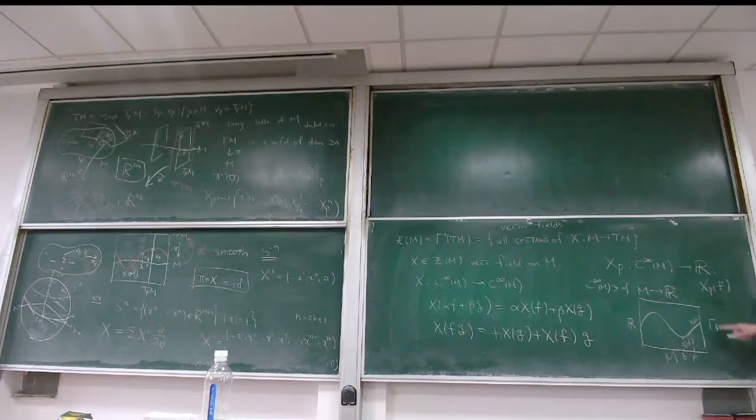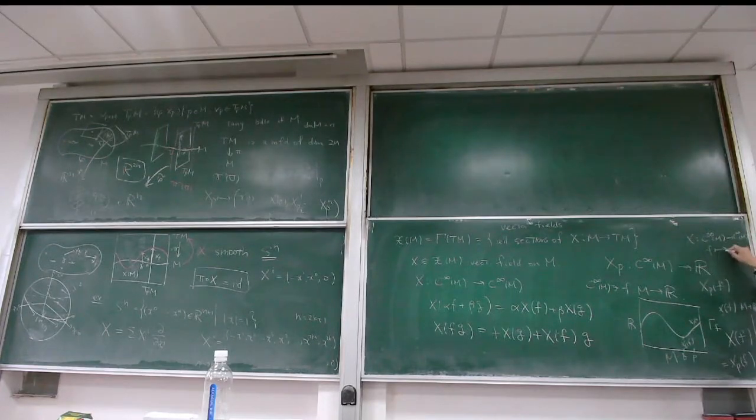This defines a graph. So the whole thing is X of f. Once you set the point P, this is equal to X_p of f. Therefore, X of f is a function from M to R that defines this graph. Do you understand? Therefore, X is a map from C infinity of M to C infinity of M.